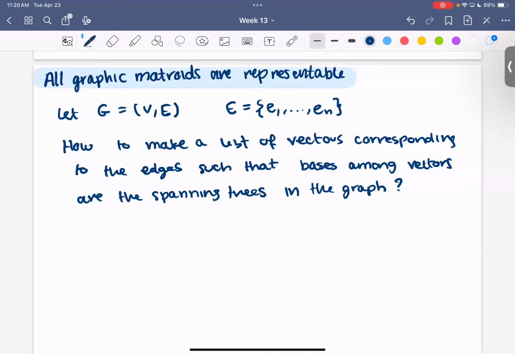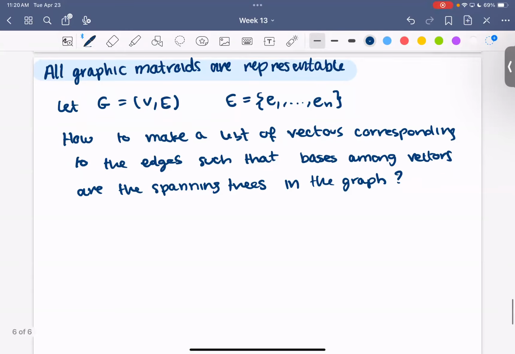If you have a loop, make it all zeros so that it'll never be in a basis, because it'll never be in a spanning tree, right? And if there are multiple edges, if two edges have the same endpoints, make one a scalar multiple of the other. I think it's okay to have two vectors be equal to each other. Yeah. So this is how you do it.